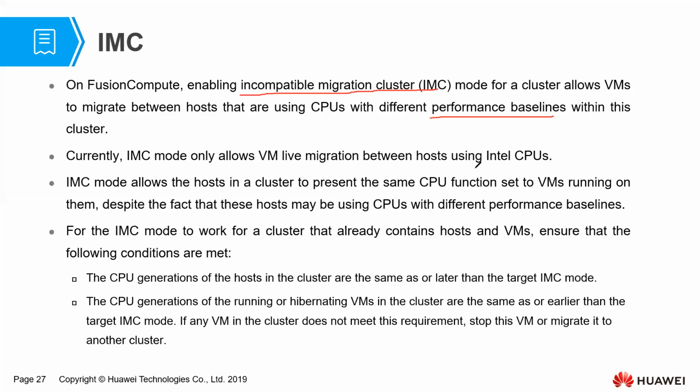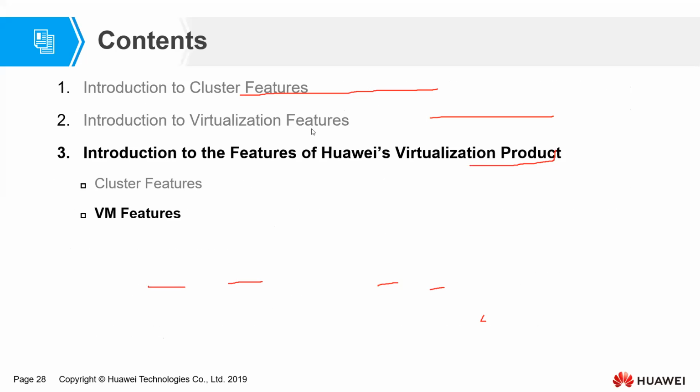It also works only on Intel CPUs, and only when these conditions are met. The CPU generations of the hosts in the same cluster must be the same or later than the target mode. For the virtual machines, it has to be the same or earlier than the target IMC mode. If that is not the case, you must either stop the virtual machine or migrate it to a cluster that meets the requirements.